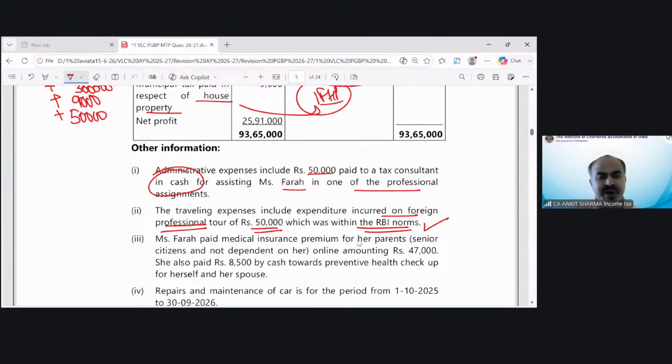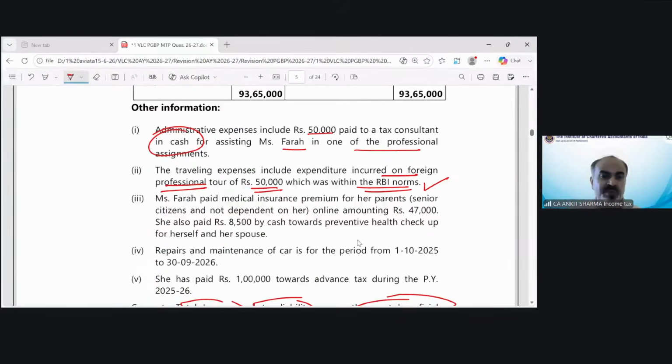So we do not need to do anything, because it is for a business tour and allowed by the RBI also. Farah paid medical insurance premium for her partner, senior citizen and not dependent, and her parents, senior citizen and not dependent, online amounting to 47,000. He also paid 8,500 by cash.